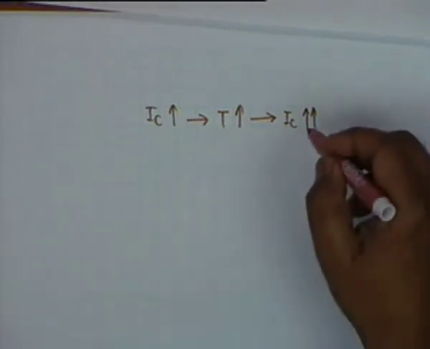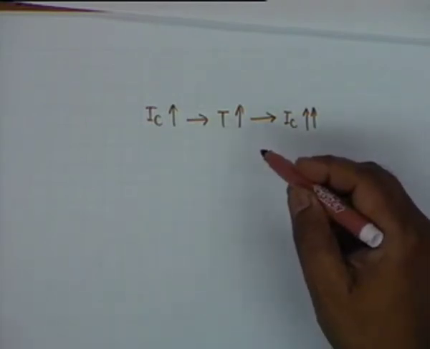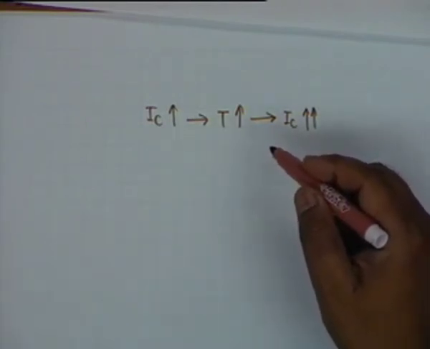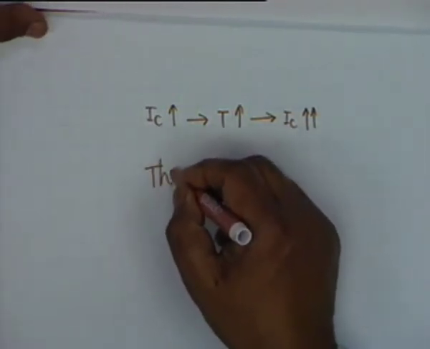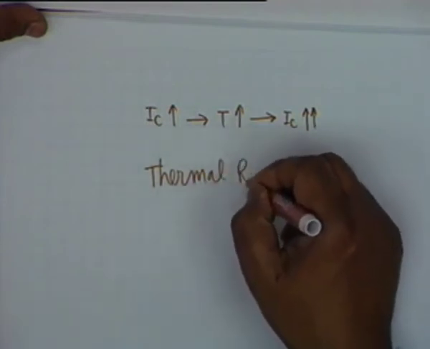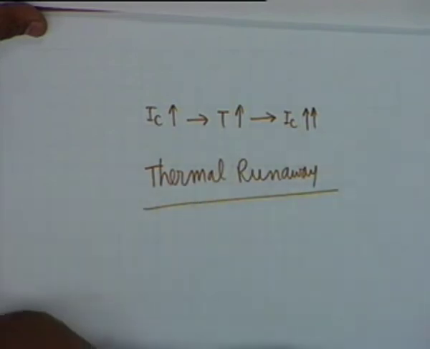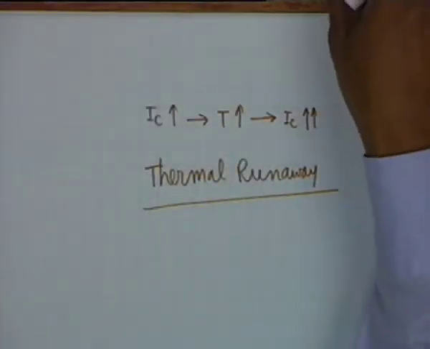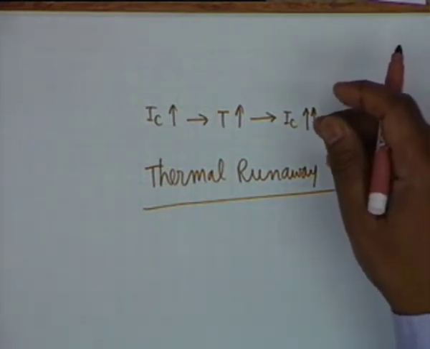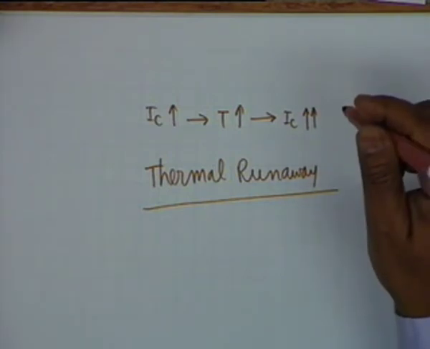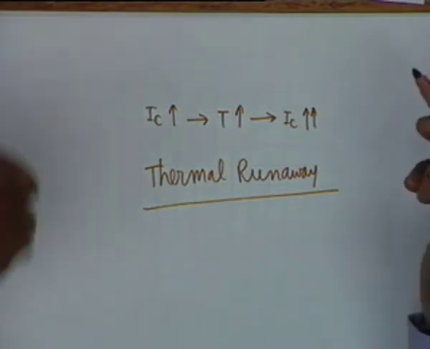And this can now be a merry-go-round situation, and ultimately the transistor will be burned. This process is called thermal runaway. This process of burning a transistor should never be resorted to, but it does happen in practice, and the process is known as thermal runaway. It should be avoided, and this is one of the main disadvantages of this particular circuit.